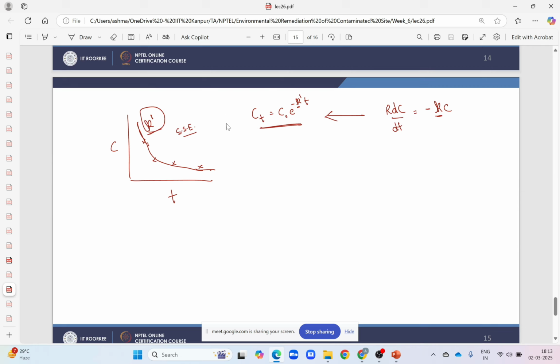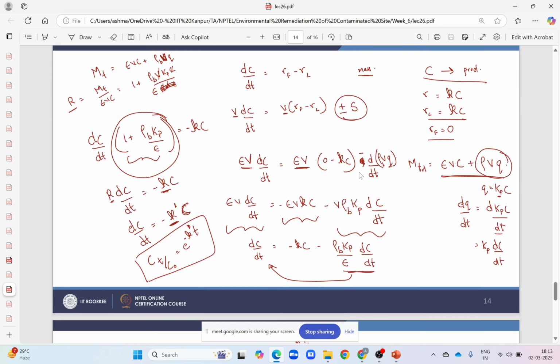So this equation was derived that Ct is equal to C naught e raised to power minus K dash T, where K dash is K by R, where R is the retardation factor. So this is a modified rate constant.